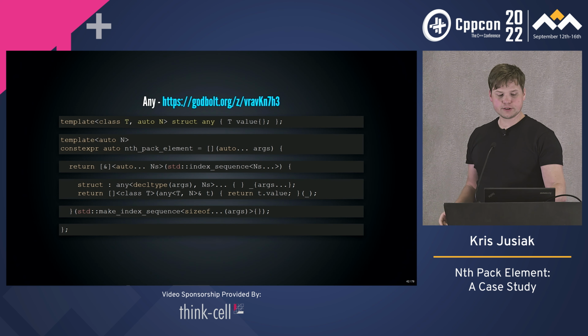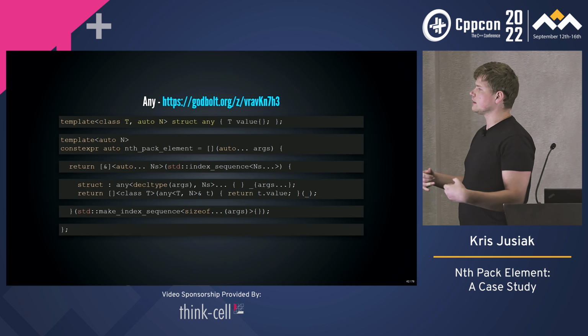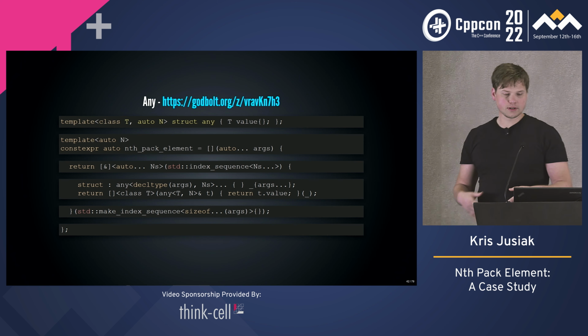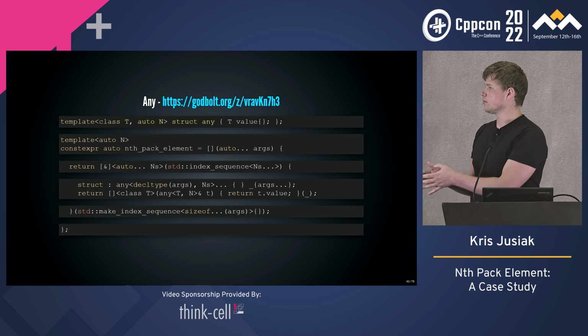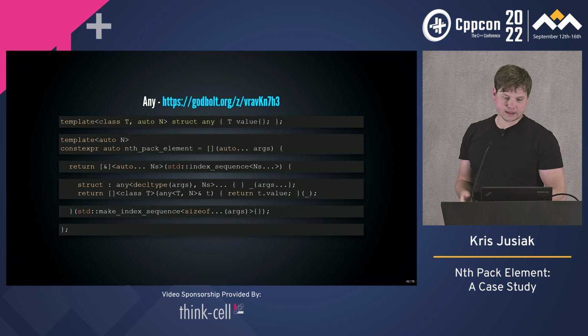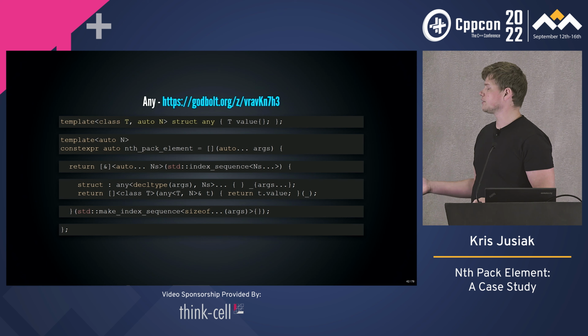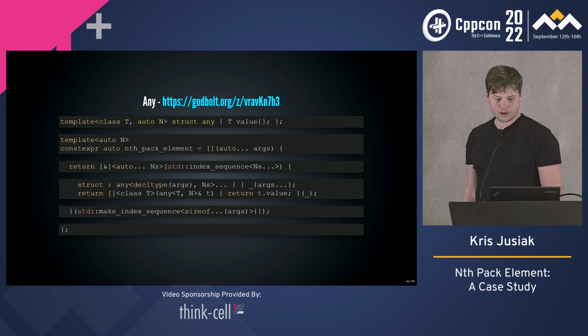And we try to get the nth element out of these inherited elements which we passed through the struct. And that will either give us the any of the given type for that ID, or it will not compile and will give a terrible error message. But if it passes, it will give us the any of T N, and then we can just return the T value. So that's a totally different approach than before, but still valid.